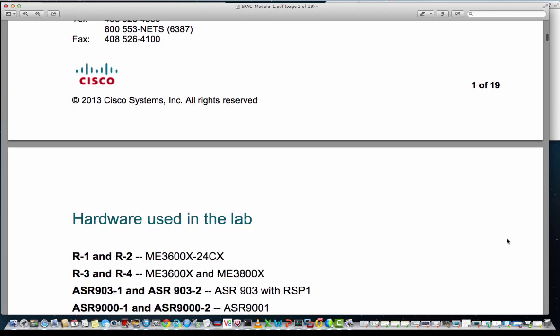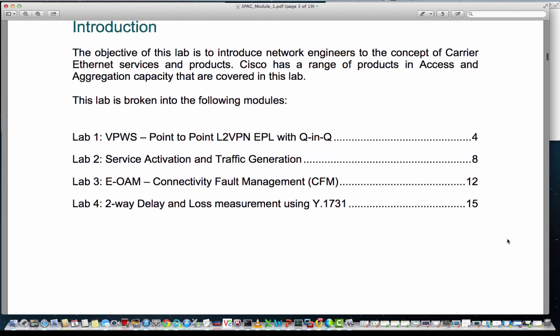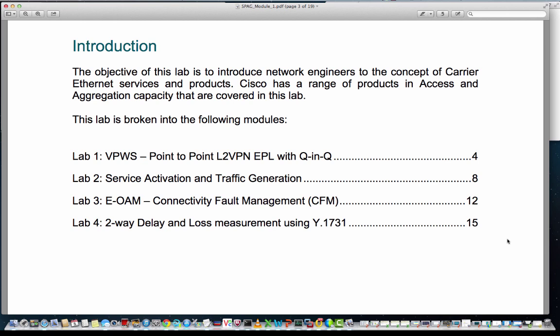Looking at the agenda of Module 1, you'll see there are 4 labs. The first one deals with creation of point-to-point EPL service between two customer sites, CE1 and CE3. The second lab is running service activation on the EPL service that's been created. This is to verify the forwarding of the EPL services.